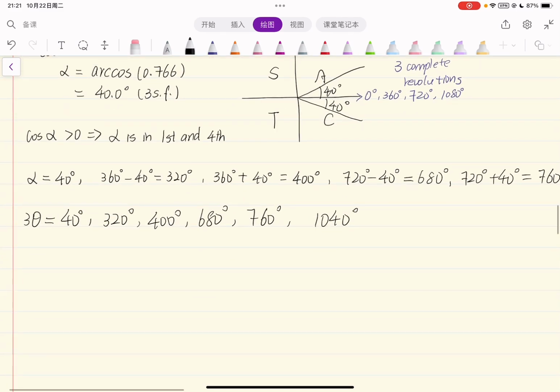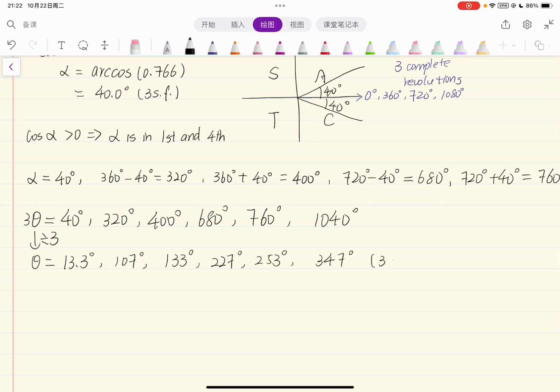Thus, theta equals 40 divided by 3. Dividing by 3, we have 13.3 degrees, 107 degrees, 133 degrees, 227 degrees, 253 degrees, and 347 degrees to 3 significant figures. Thus, we have done this question.